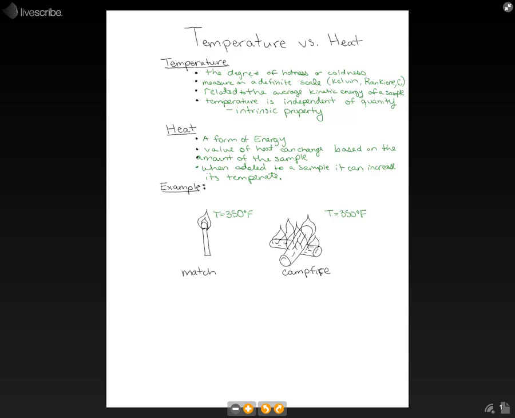Because of this, a lot of people get confused on this subject, because temperature and heat are very much related, even though they are very different in what they mean.